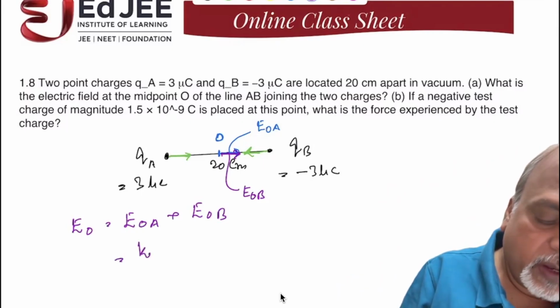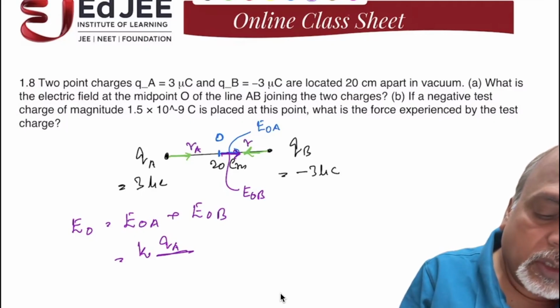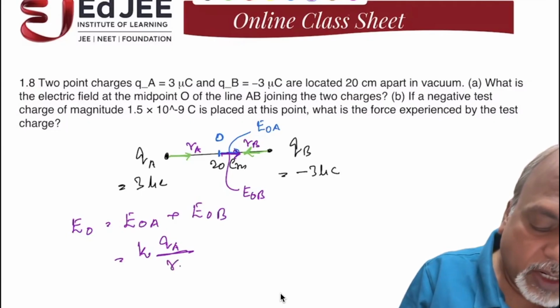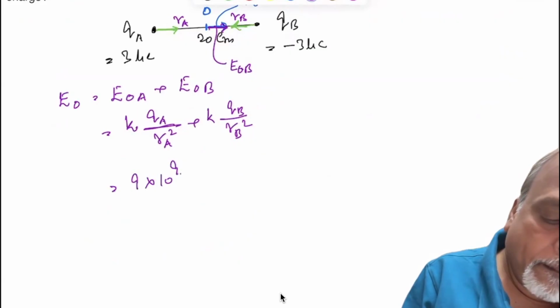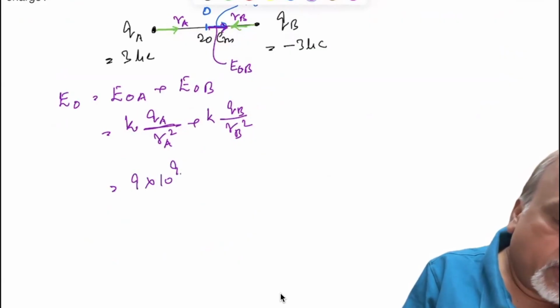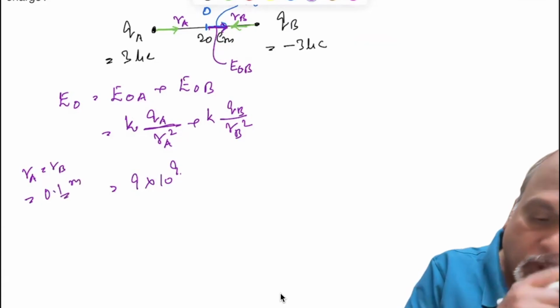So this will be KQ upon R square, where R is the distance from the midpoint: KQA upon RA square plus KQB upon RB square. We can take K as 9 into 10 raised to 9. Here RA and RB, since this is a midpoint, are equal to 0.1 meter, because the distance is 20 centimeter.